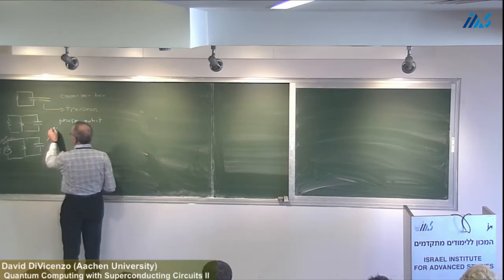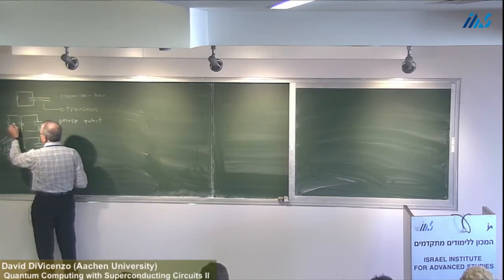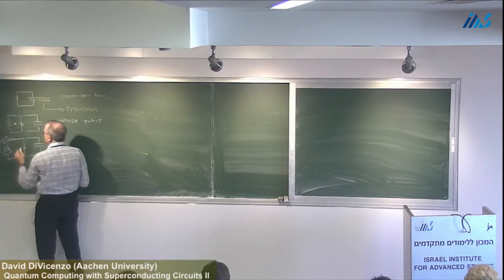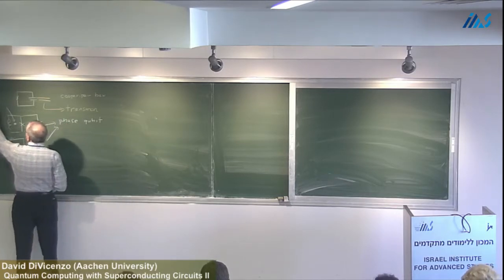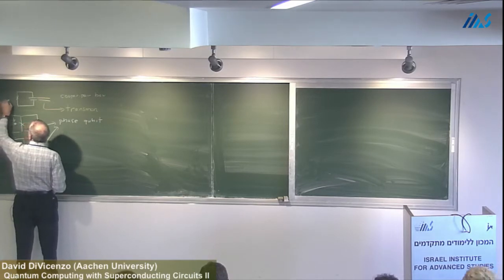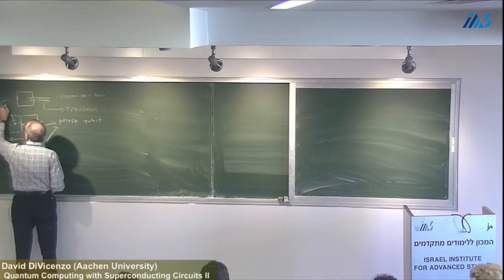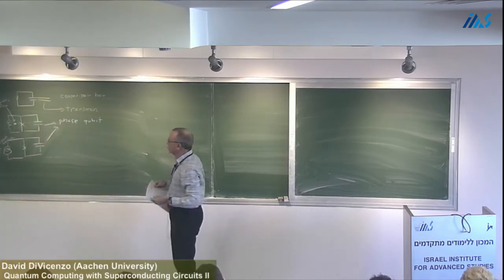But these are both phase qubits. But the current day phase qubit is always done this way. And I will put a little X circle here indicating when magnetic flux is important. In other words, when an explicit applied magnetic field is important for the functioning of the qubit.